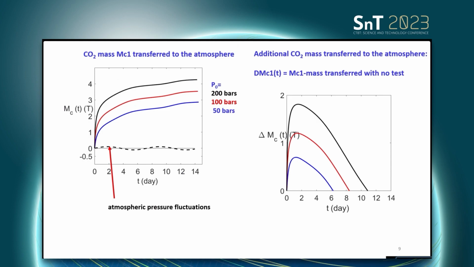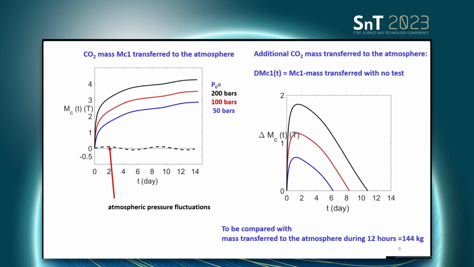This is the additional mass, and this has to be compared with the mass transfer to the atmosphere, for instance. During 12 hours, you see it's about 150 kilograms. So again, this kind of quantity, about 2 tons in 2 days, is that detectable?